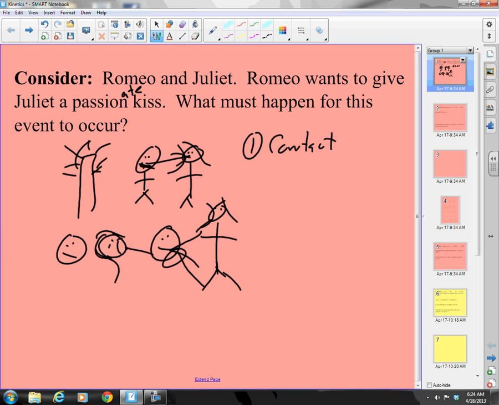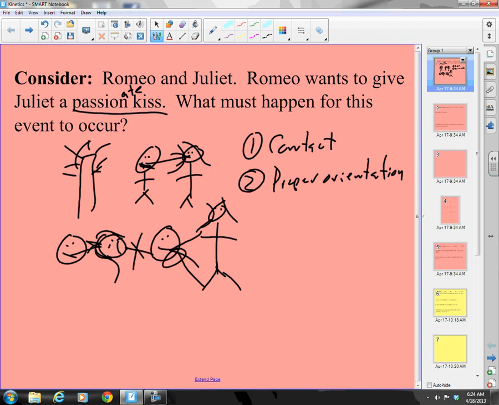She's not going to be very happy with him smooching her right there on the top of the head. So not only do we need contact to have an effective kiss, we've got to have proper orientation. Okay, so we have to have two things to have a good passionate kiss here, and that is we first have to have contact. Second, we have to have a proper orientation.